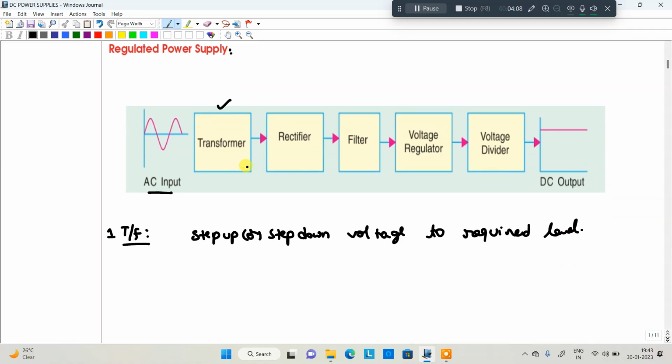After the transformer steps the voltage up or down to the required level, or for isolation purposes, we use the rectifier.